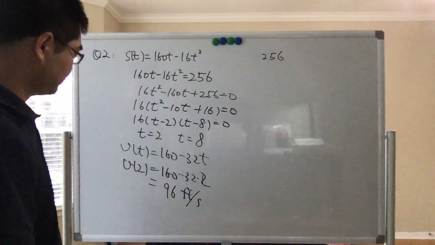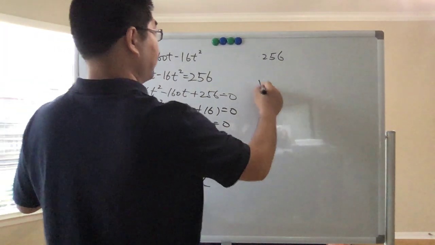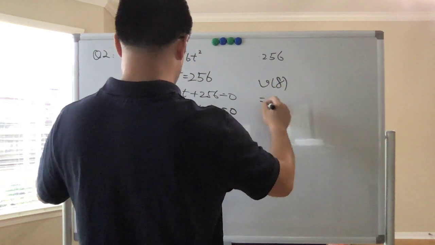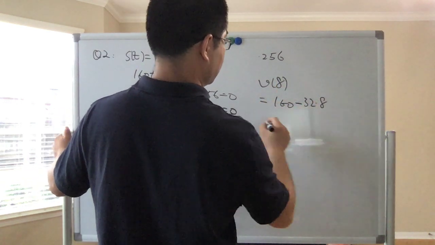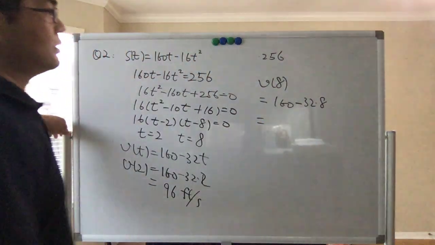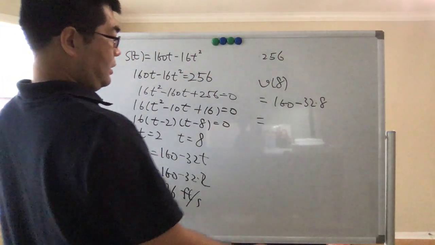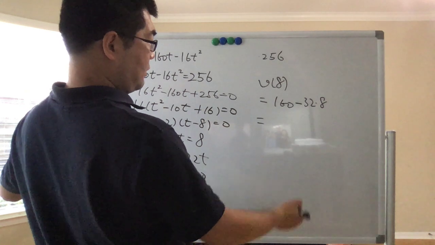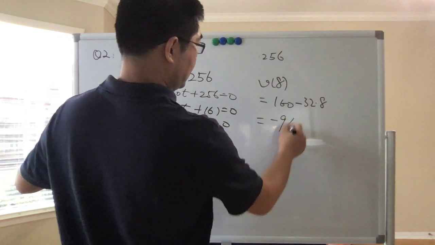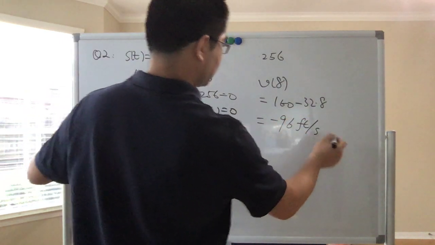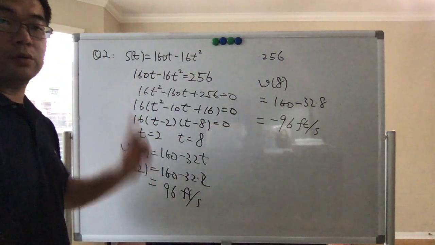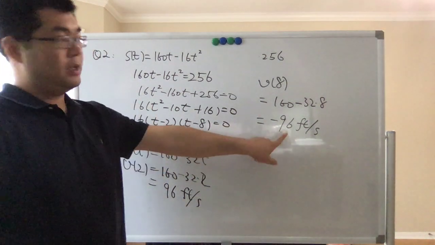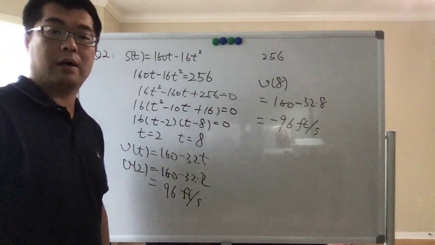And v of 8 is 160 minus 32 times 8, which you can calculate, and it gives negative 96 feet per second. So at t equals 2 the rock is still going up, and at t equals 8 the rock is going down.